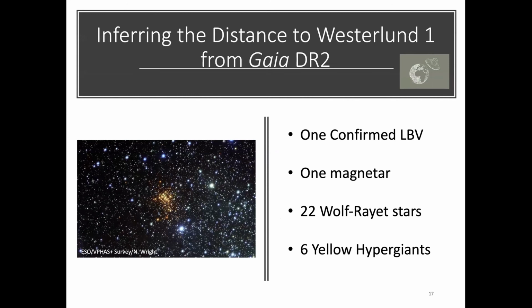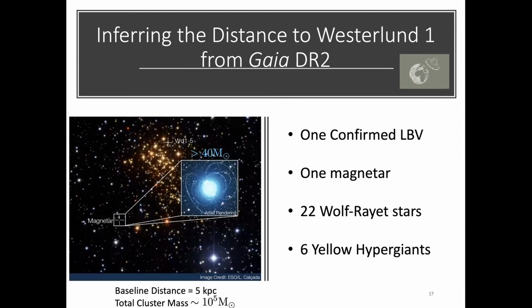Westerlund 1 is a really famous cluster. It has one confirmed LBV, one magnetar, Wolf-Rayet stars, red supergiants, yellow hypergiants. So if we infer how far away this cluster is, we can constrain fundamental parameters of all the cluster members, including the LBV and the magnetar.